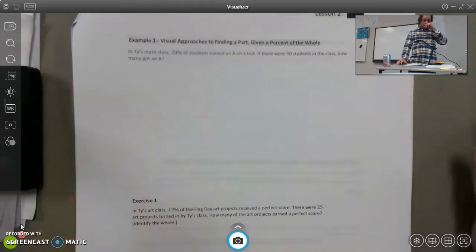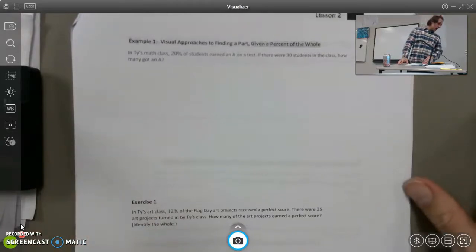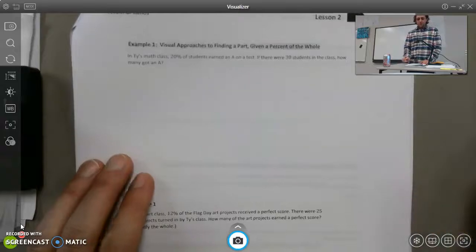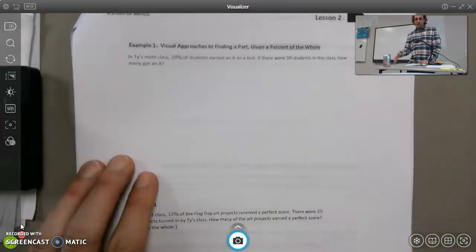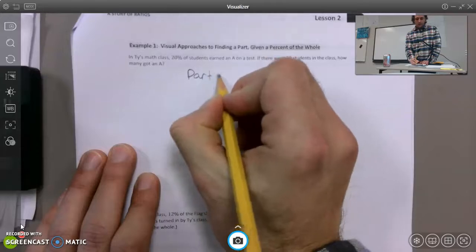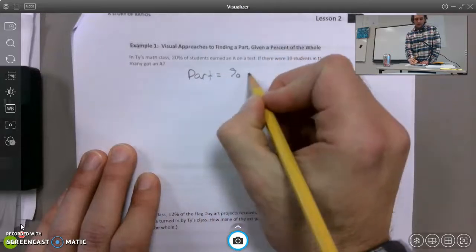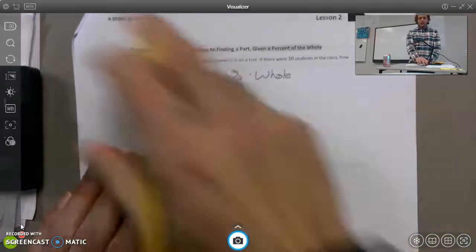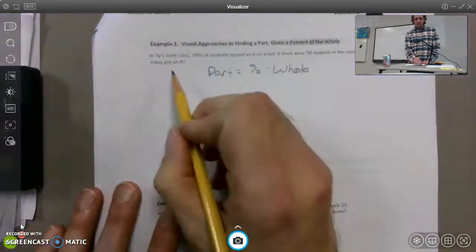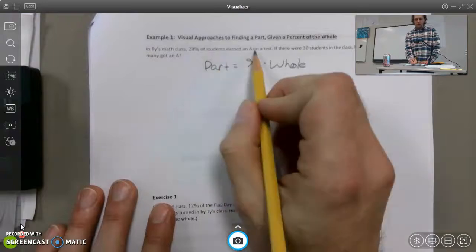Okay, so let's actually look at some problems that are related to percents. Remember, we want to know part, whole, percent. We're using this equation: part equals percent times whole. In Ty's math class, 20% of students earned an A on a test.